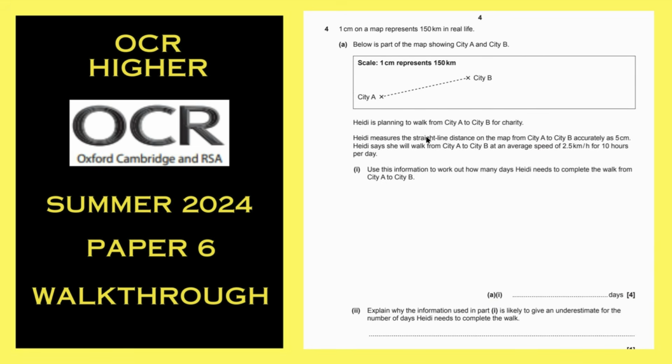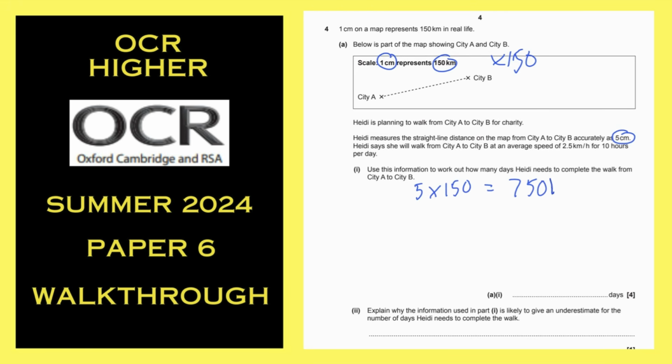Number 4, again with the waffle. They're really loving it. The key step, if you want to go from centimetres to kilometres, it's a multiplier of 150. Heidi measures accurately 5 centimetres for her charity walk. Straight away, get your 5 times 150.